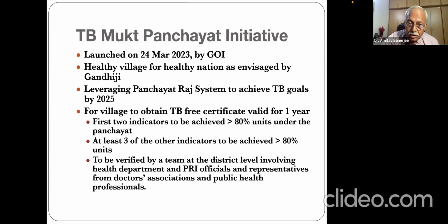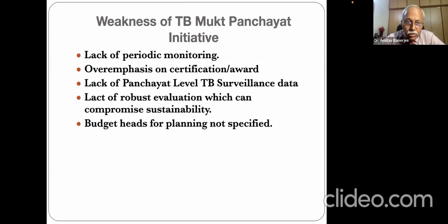For villages to obtain a TB-free certificate valid for 1 year, the first two indicators must be achieved, more than 80% units under the Panchayat, and at least 3% of the other indicators, to be verified by a district level team involving the health department. So involving the panchayats and giving them some targets and some certificates for good TB control.